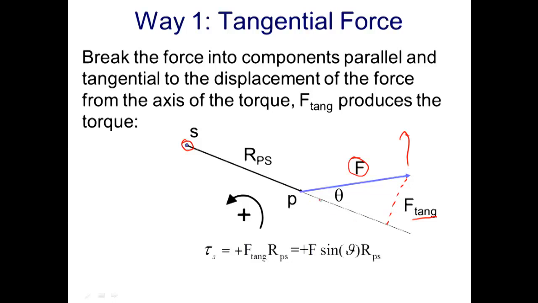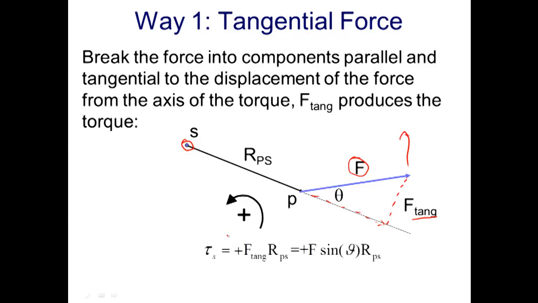The other component, the radial component, is acting out here, but it doesn't give any contribution to the torque. And so we can simply say that the torque about the point S is the tangential force times this distance r from S to the point P where the force acts.